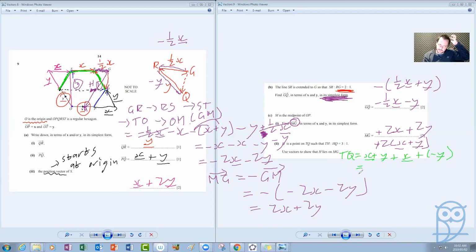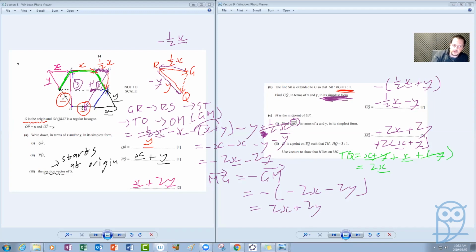All right. So a minus y and a plus y cancel. That leaves me with 2x. So how does that help me prove anything? Well, I need to remember that this is split in the ratio 3 to 1.